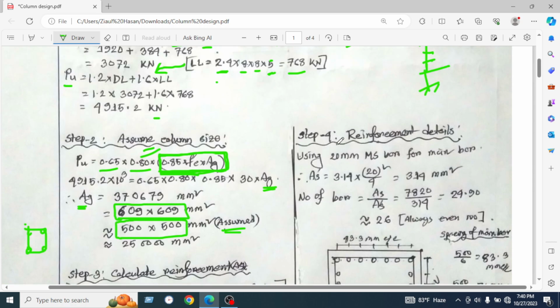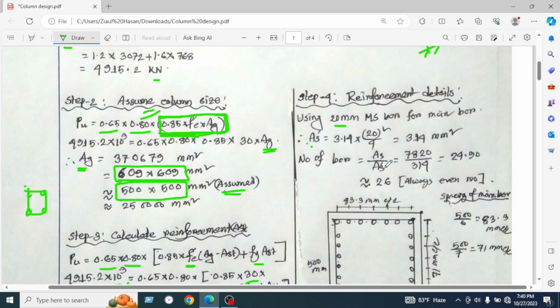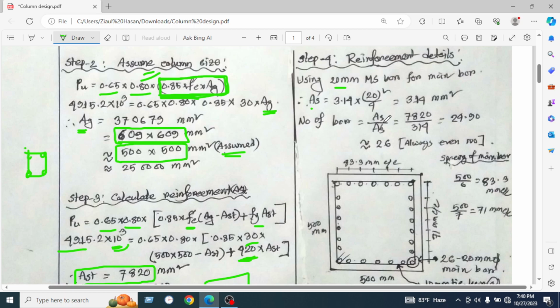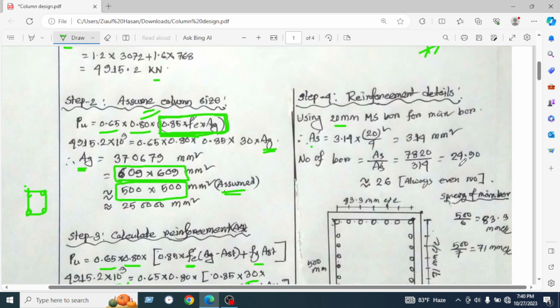Okay, step 4 is reinforcement detailing. We are using a 20 millimeter bar for the main bar. So the area of a 20 millimeter bar is pi into d square by 4, which is 314 millimeter square, and the number of bars will be the required reinforcement divided by the used bar area, which is found 24.90, but we will use 26 bars.